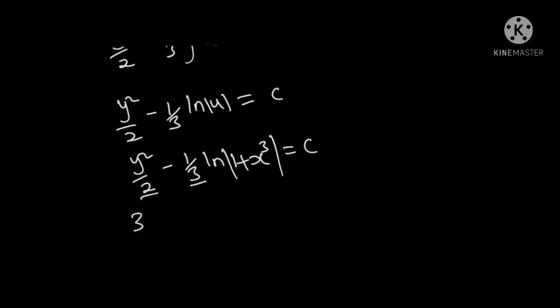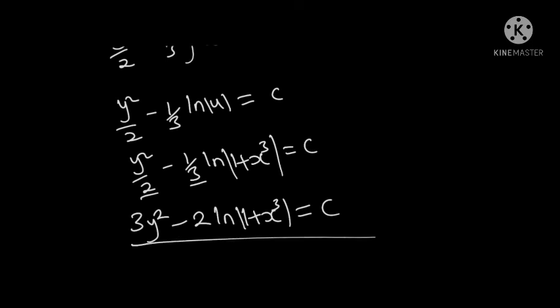So we have 3y squared minus 2 ln(1 plus x cubed) equals c. This is the required general solution.